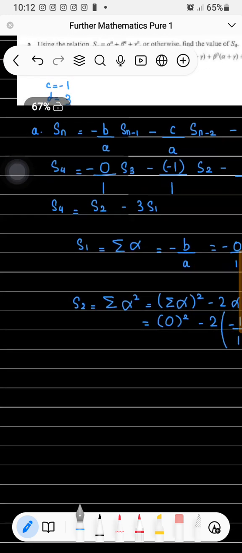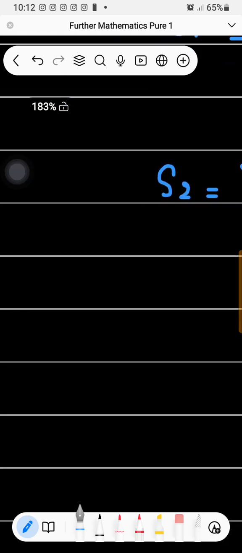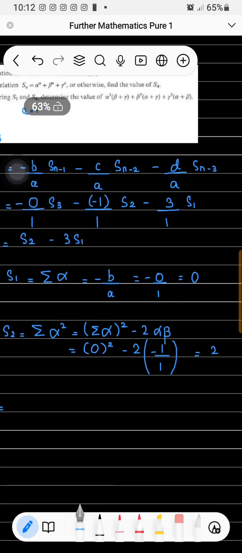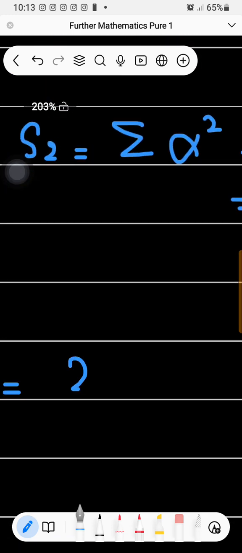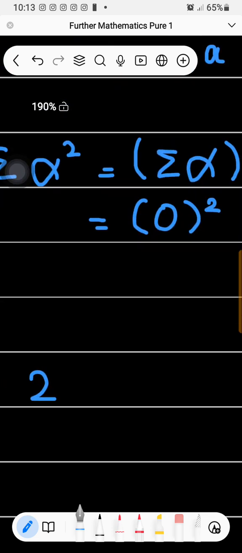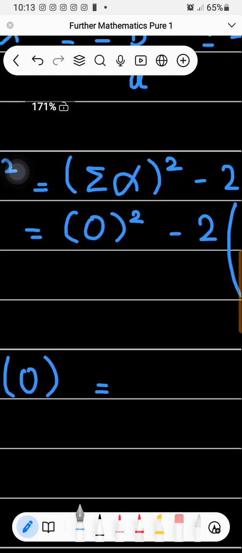What was the formula for S4 we had just found for this question? S4 is equal to S2, which means 2, minus 2 times S1. S1 is 0, so S4 is equal to 2.